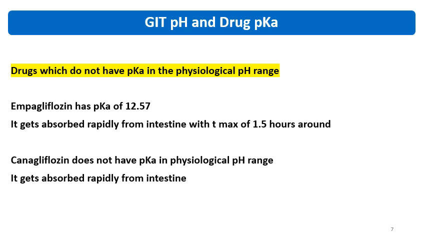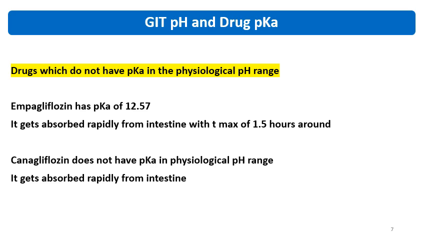Certainly, the drugs which have pKa outside the physiological pH range will also get absorbed. The example is empagliflozin. It is having a pKa of 12.57. It gets absorbed rapidly from the intestine with the Tmax of around 1.5 hours.